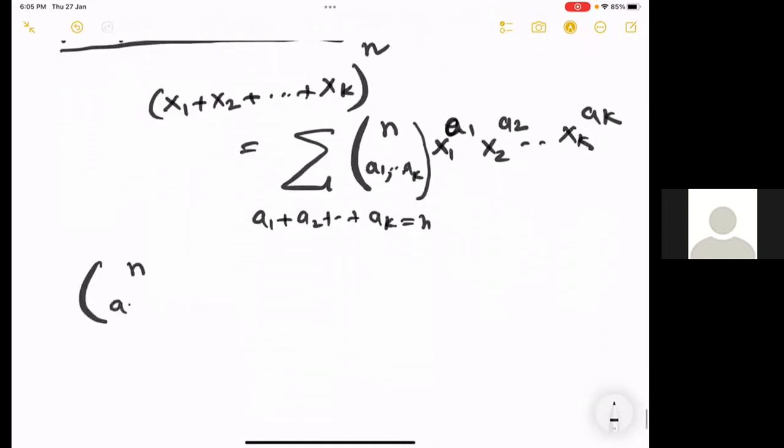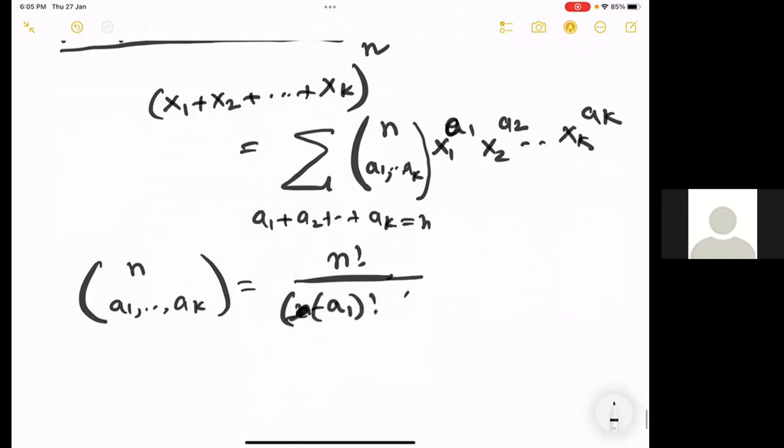The meaning of this notation is n factorial divided by a1 factorial, a2 factorial, up to ak factorial.